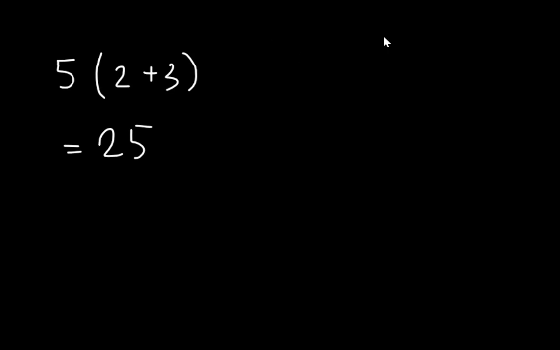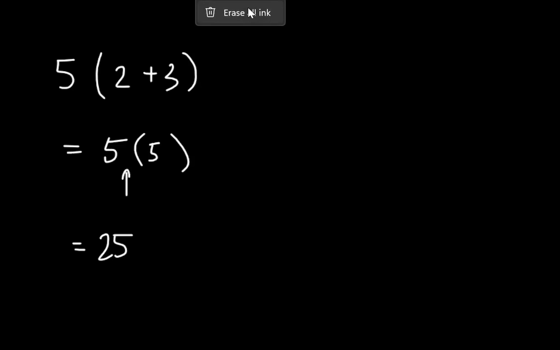Whatever is in parentheses first. Let's go to the acronym actually. P, parentheses. Alright, 2 plus 3 is 5. Then we check for exponents. There are no exponents. And then we check for multiplication and division. There is multiplication here, so 25.